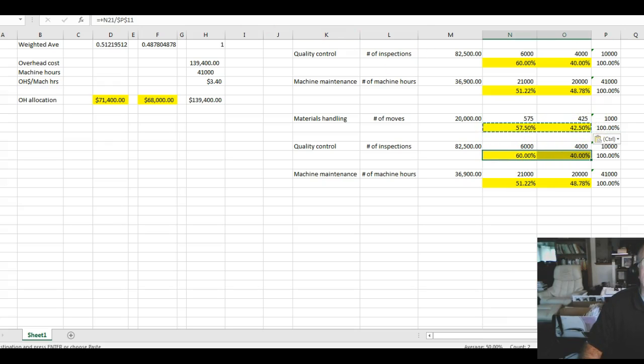Let's see if we can do that here. Okay, we've changed the formula to a value.